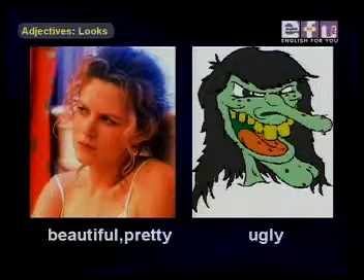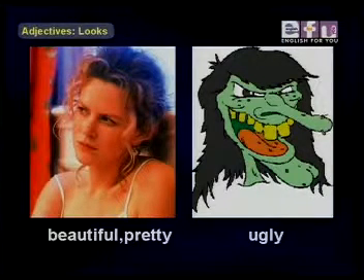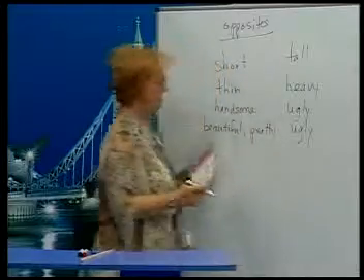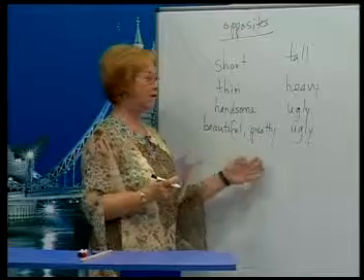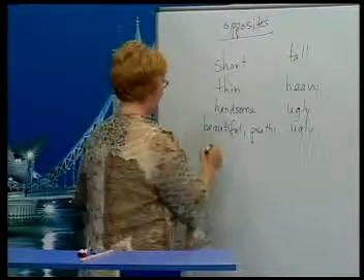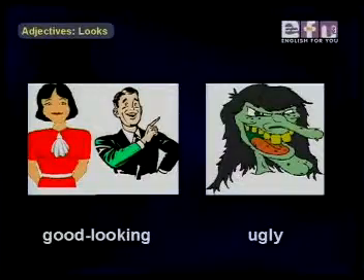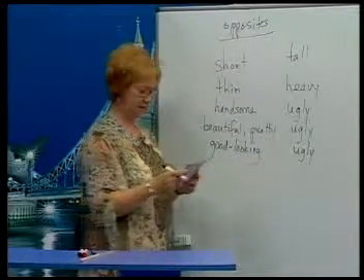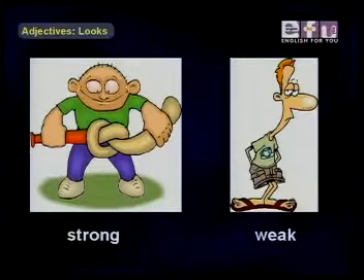Now we have beautiful or pretty for women, and ugly. Beautiful or pretty, ugly. Good looking for men or women, and again, ugly. Good looking, ugly. Now we have strong and weak.